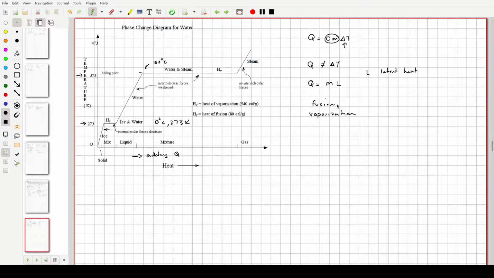Now, the latent heat of fusion deals with how things behave when you're going from a solid to a liquid or from a liquid to a solid. Going from a solid to a liquid is called melting.